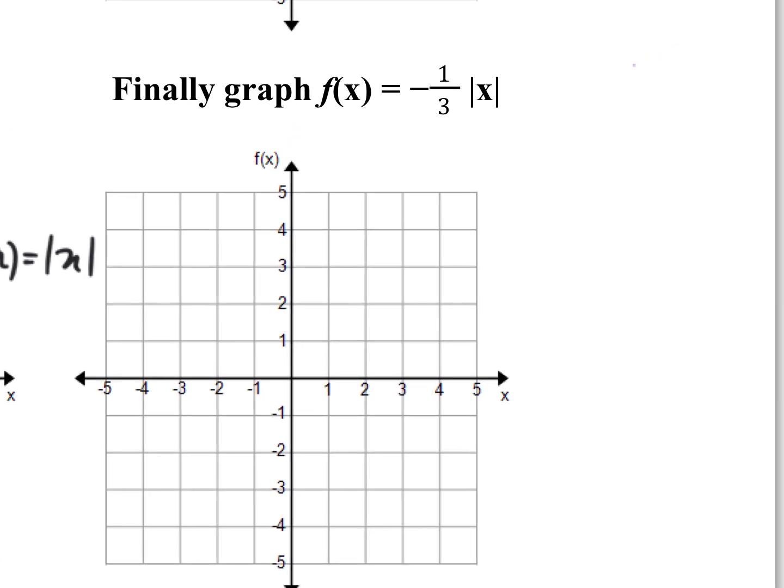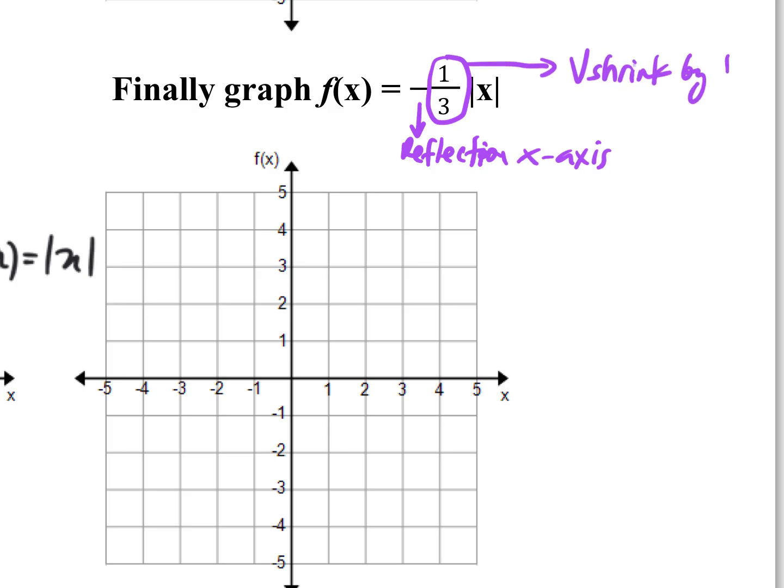Okay, finally, let's graph this function. f of x is equal to negative 1 over 3 times the absolute value of x. Now, I can see in here a reflection across the x-axis, and a vertical shrink by a factor of 1 over 3 and nothing more.